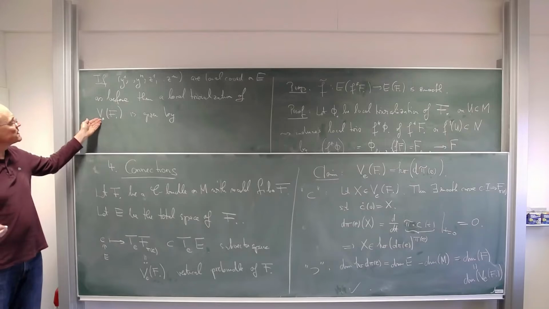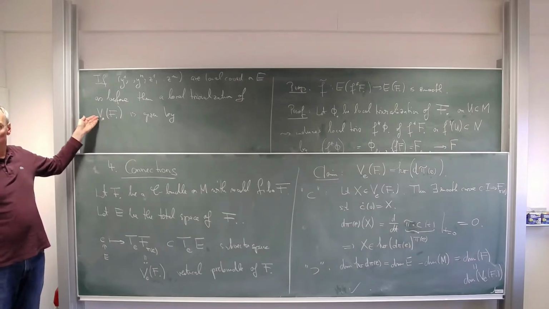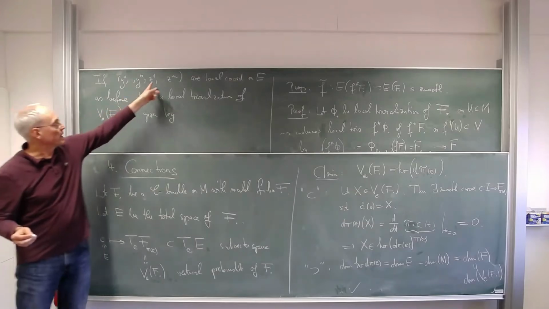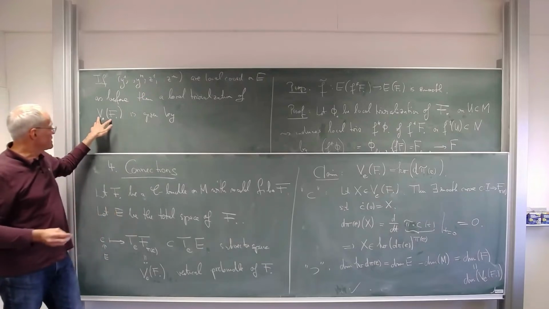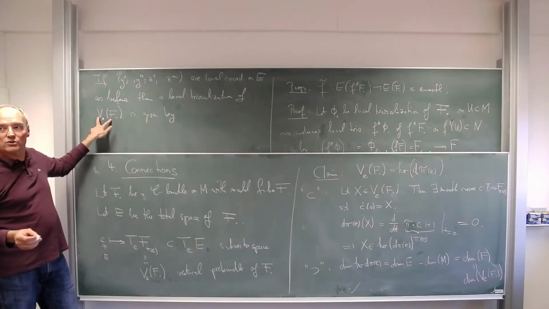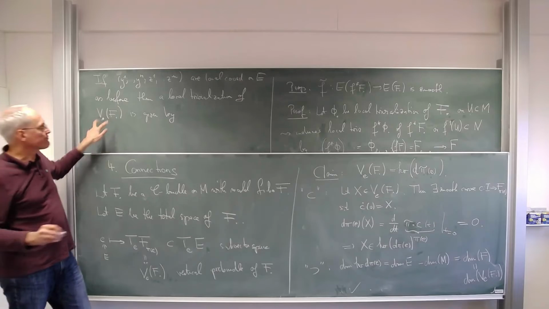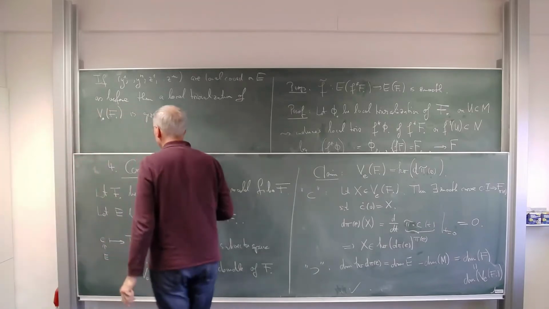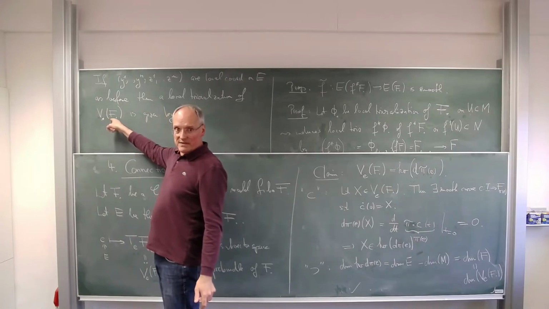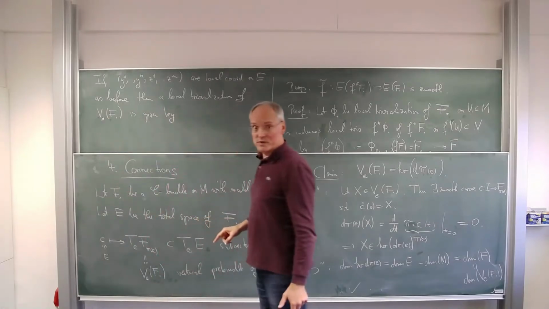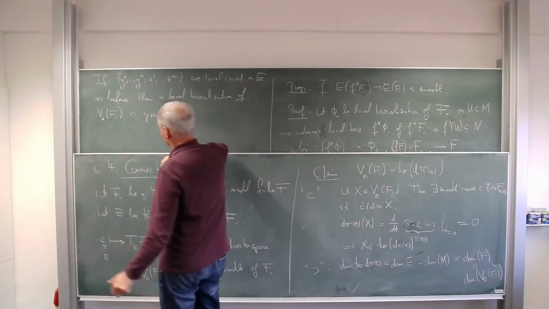The model fiber would be, in this case, Rm, because I'm claiming that this is a vector bundle of rank m, where m is the dimension of the fiber. So to each element here, locally at least, I have to associate a vector in Rm. And how do I do that? Well, I express the vectors in here in the basis, and the basis that I'm using is induced by these coordinates.